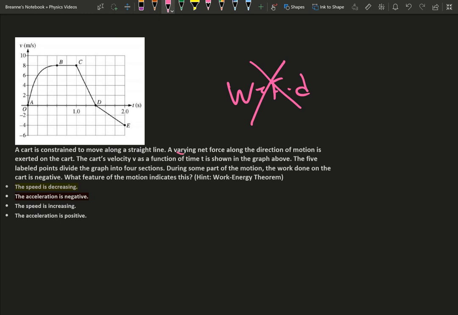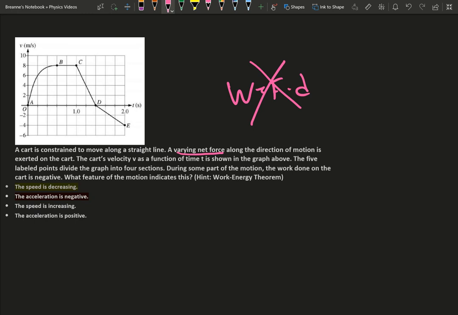As it says there, it's a varying net force. The cart's velocity v as a function of time is shown in the graph above. The 5 labeled points divide the graph into 4 sections. During some part of the motion, the work done on the cart is negative. What feature of the motion indicates this?